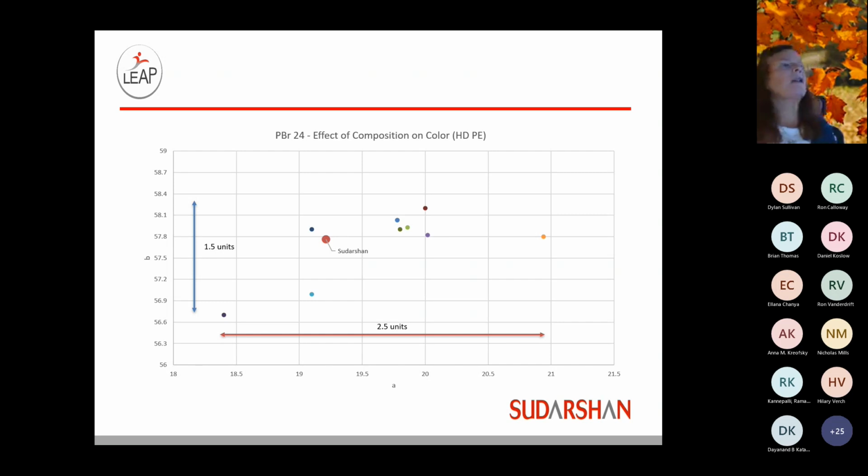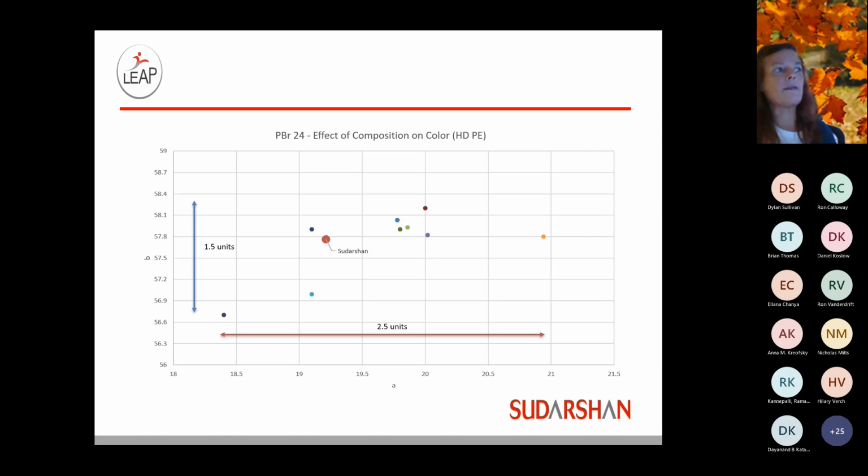So you can kind of see where we are placing our initial product in the Sudatherm product portfolio. However, the color in the red space can alter about 2.5 units. In the yellow space, about 1.5 units, depending on how that formulation and process is manipulated. So this allows us to potentially introduce other products and know how to get to those spaces.